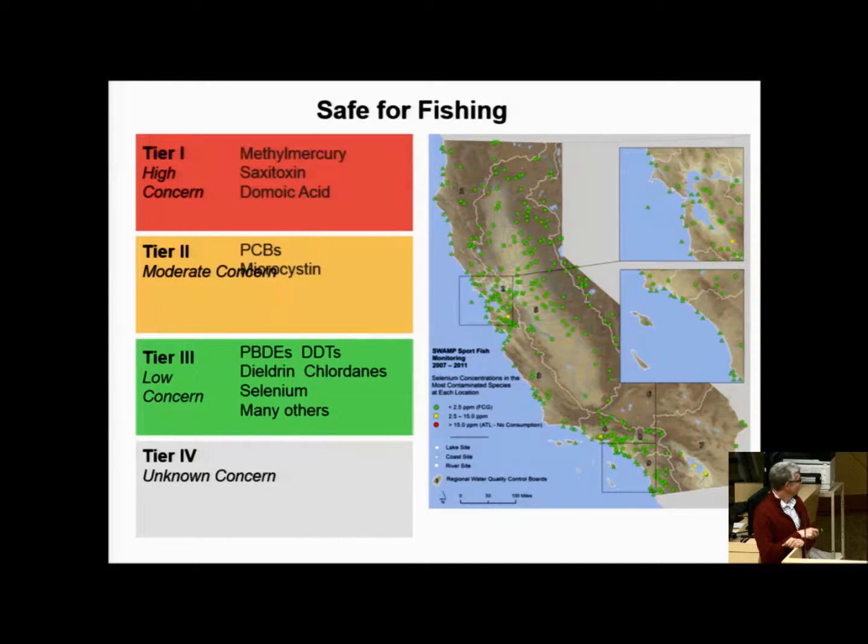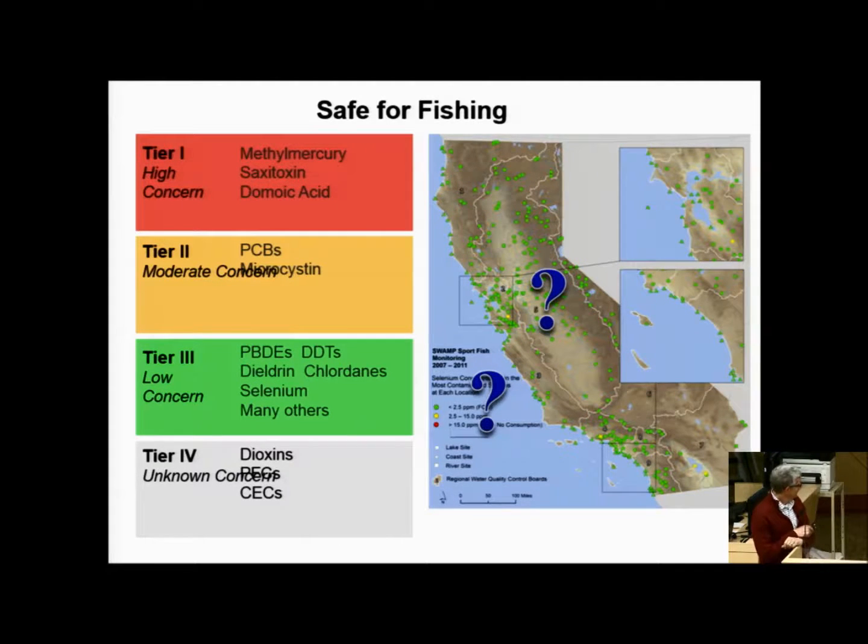And the map here is showing selenium as an example from a human health perspective. We've looked at this quite thoroughly, and in almost all cases, selenium is below all levels of concern for human exposure.